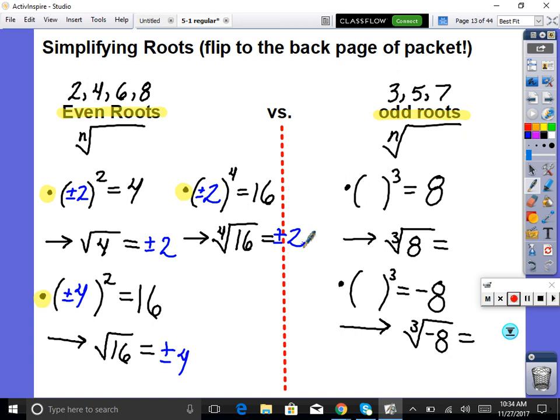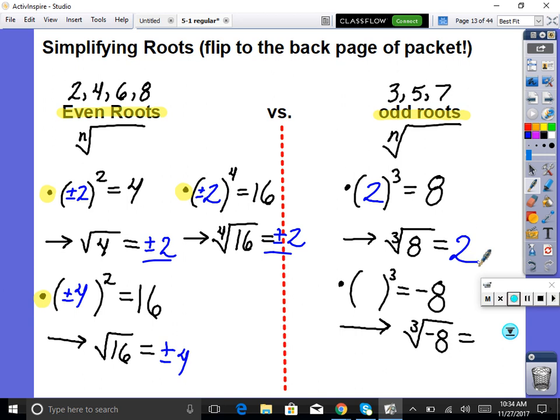So when dealing with even roots, if I say to you find all the roots, you will have plus and minus answers. But with odd roots, this is not true. Here's why. What cubed equals 8? 2. Does negative 2 cubed equal 8? No. So by definition, if 2 cubed equals 8, then the cube root of 8 is only 2.